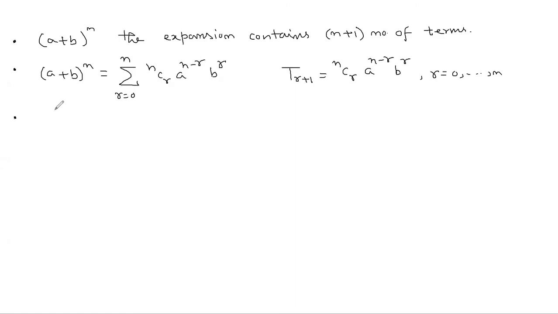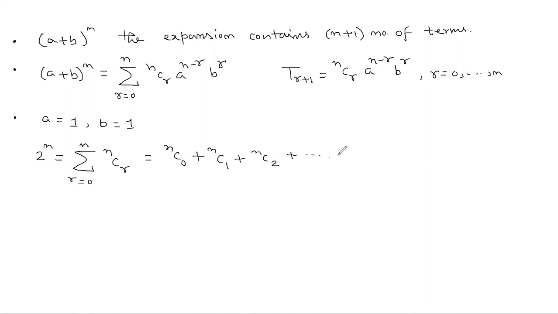Next, suppose I put a is equal to 1 and b equal to 1 over here. Then what happens? If I put a is equal to 1 and b equal to 1, what do you get here? We are getting 2 power n, that is equal to the sum for r equal to 0 to n of nCr 1 power n minus r b power r, so it is 1. So I can say it is nC0 plus nC1 plus nC2 plus nCr up to nCn.